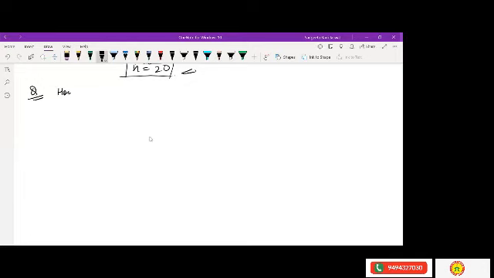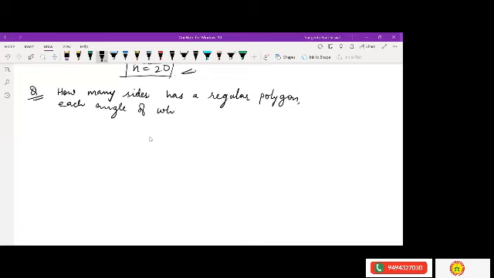Now see, we have done so many questions of this type. Now this is for you. How many sides has a regular polygon each angle of which is of measure 108?